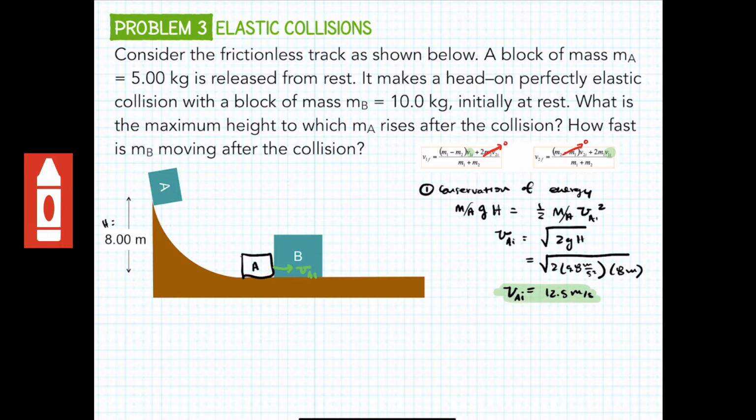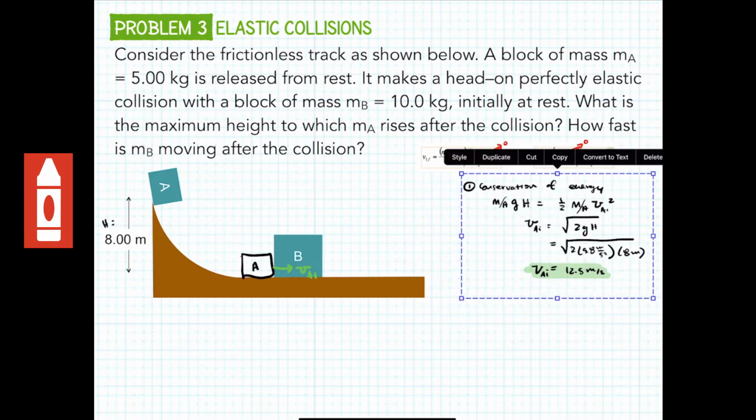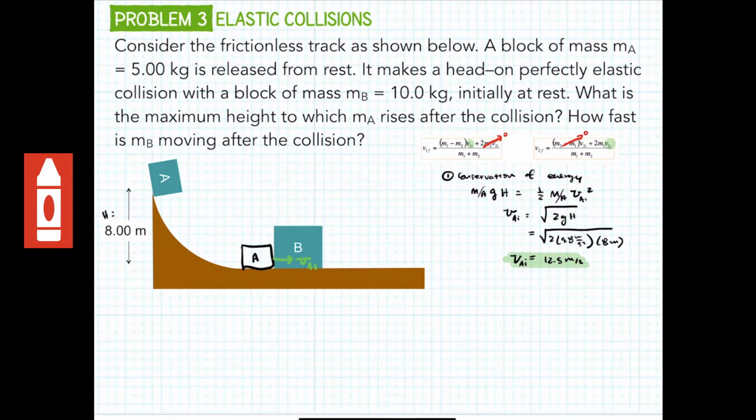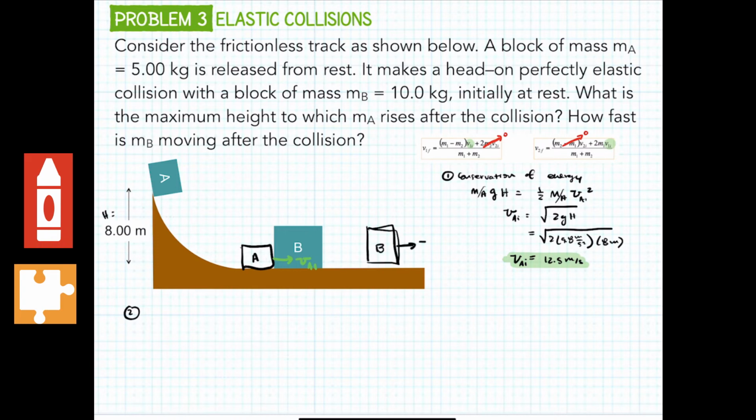All right, the next part is what? It's the collision, right? So if the next part is our collision, what's conserved? Momentum. Yeah, so that would be from here, right? So this situation to then, you're going to have B over here, and this one's going to have B final, and then A is going to be turning around.